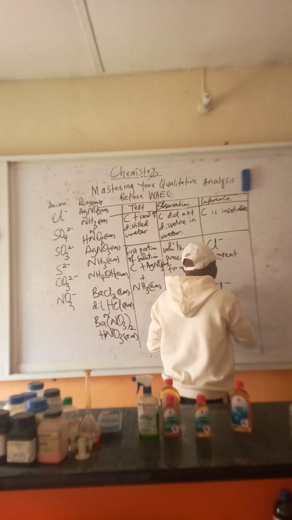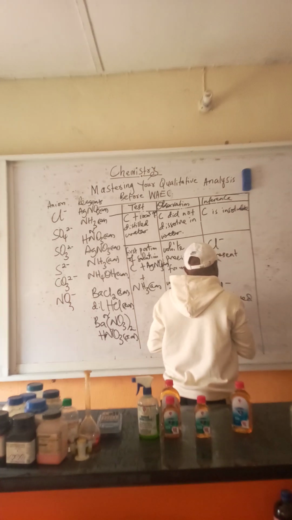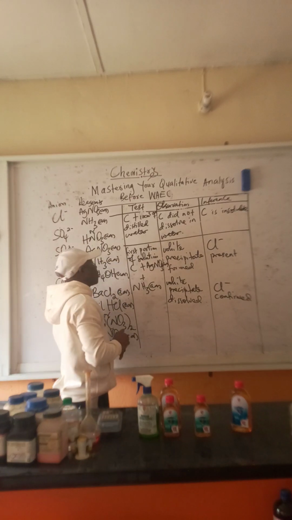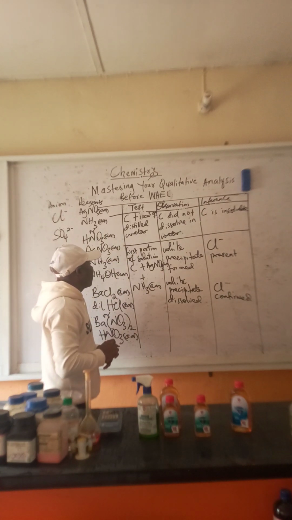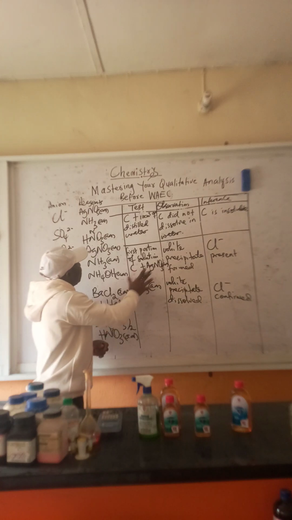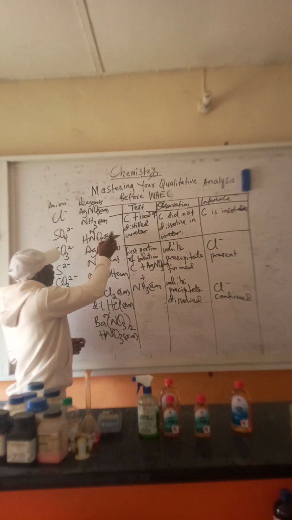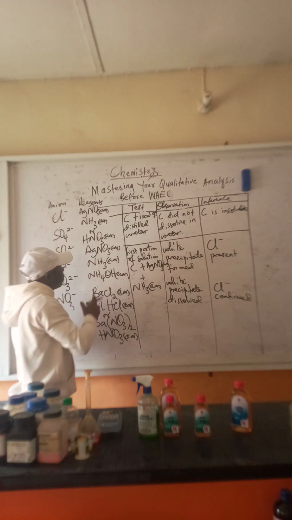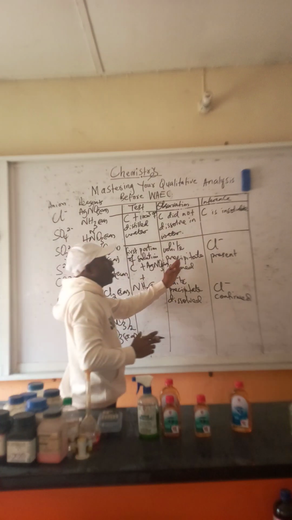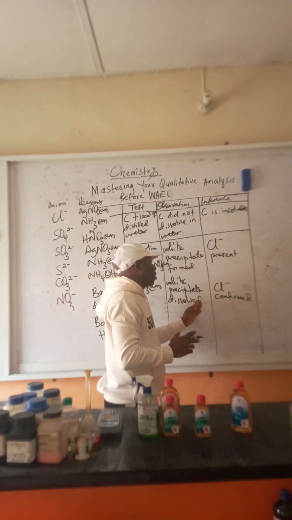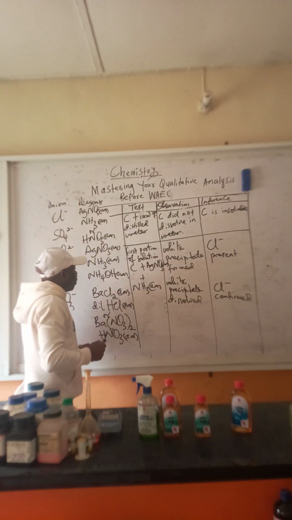You write Cl minus confirmed. You can also use a mixture of HNO3 solution, AgNO3 solution, and ammonium hydroxide, and you have the same result for chloride ion.